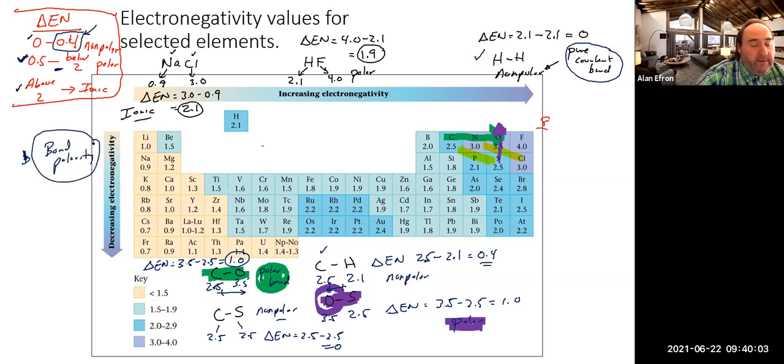That is whether or not, strictly speaking, between those two elements, based on electronegativity values, they are going to share those electrons equally or unequally. Molecular polarity, as we'll talk about later, deals with the entire molecule as a whole. Are the electrons going to be shared equally or unequally? Any questions on any of that?